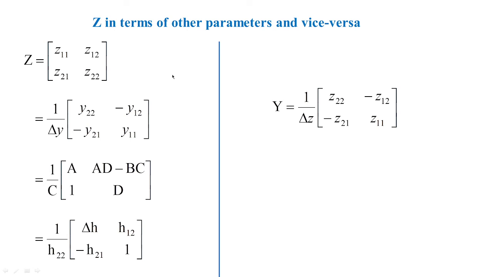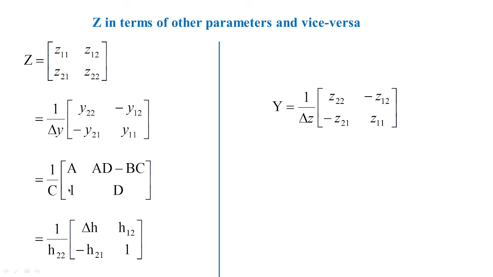You have Z replaced by Y. This delta Y is replaced by delta Z. Y22, Z22, minus Y12, minus Z12, minus Y21, minus Z21, Y11, Z11. Isn't that simple? So I have obtained impedance parameters in terms of admittance parameters as well as admittance parameters in terms of impedance parameters by simple comparison. I hope you have understood how we have framed these two relations.